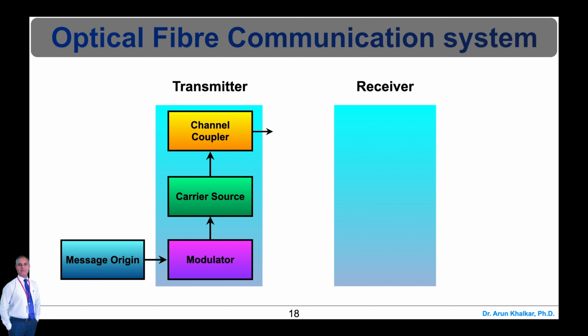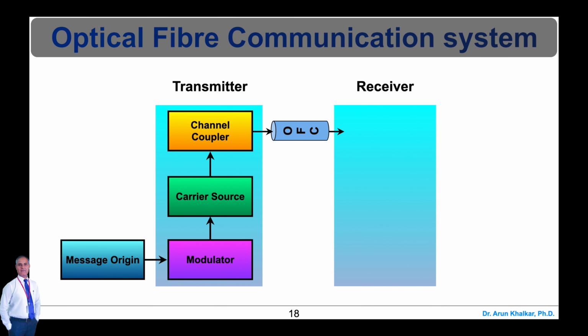For an atmospheric optic system, the channel coupler is a lens used for collimating the light emitted by the source and directing this light towards the receiver. The coupler must efficiently transfer the modulated light beam from the source to the optic fiber. So all these blocks are on the transmitter side where the signal gets transmitted. So this is the first important part.